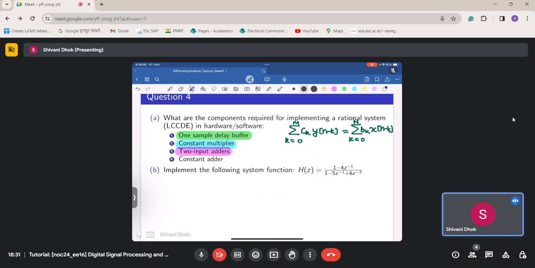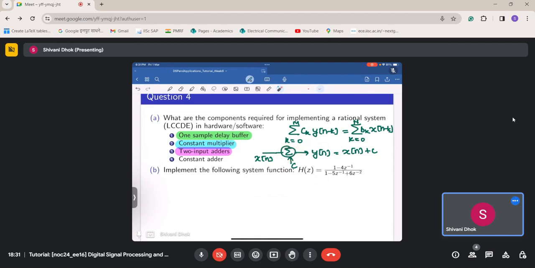But what about the constant adder? Do we require it?